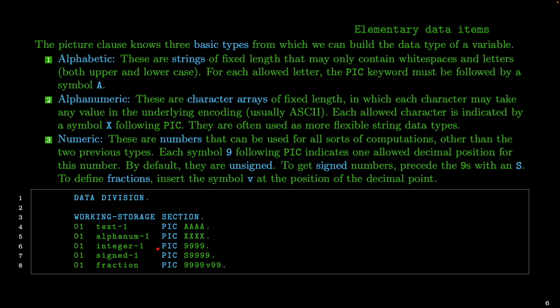Here we have an integer with 4 decimal digits. Here we have a signed integer, again with 4 decimal digits, but with a sign. And finally we have an unsigned fraction, with 4 decimal digits greater than or equal to 1, a decimal point, and 2 positions after the decimal point.